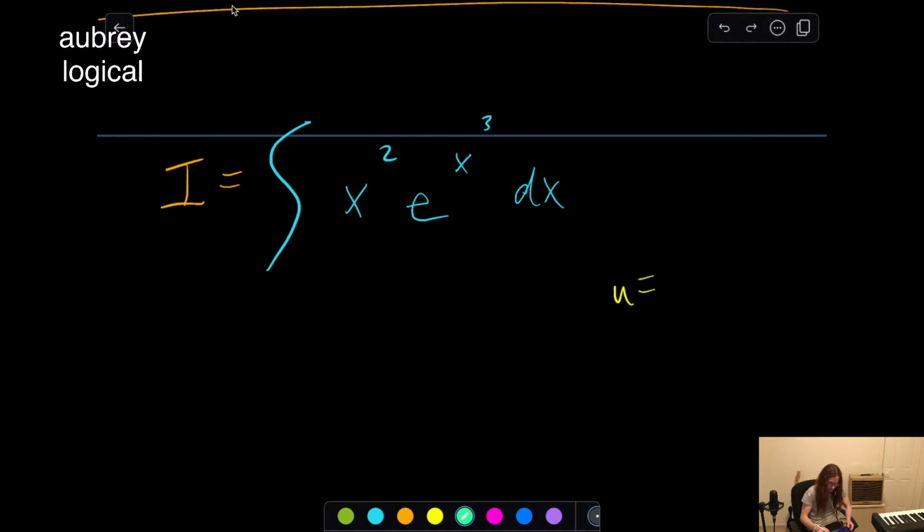You would think it was going to be x squared probably, or possibly e to the x cubed, but it's actually just x cubed. And then when you go ahead and find its derivative, you're just going to bring the 3 down and then make that a 2.